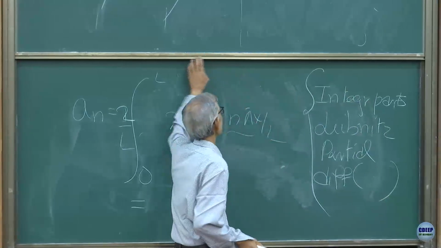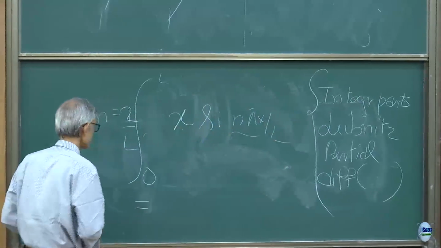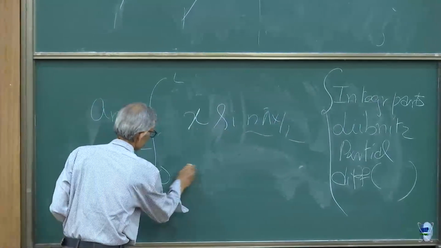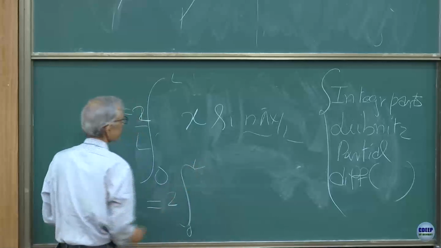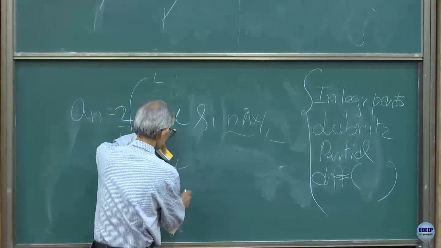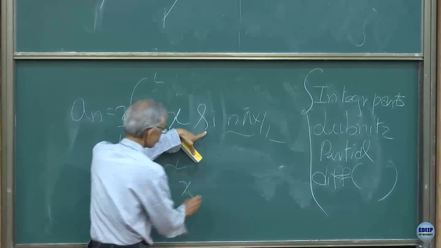Okay. All right. So we do an integration by parts here. So this is 2 times the integral from 0 to L. So this is the first function into the integral of the second.